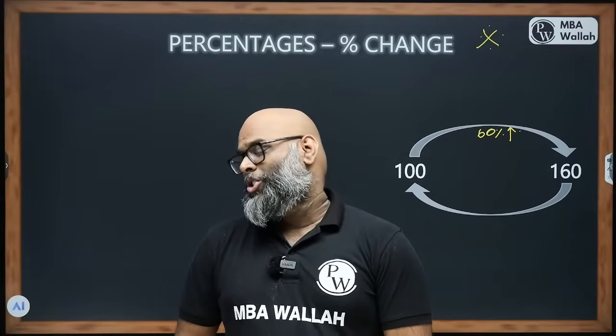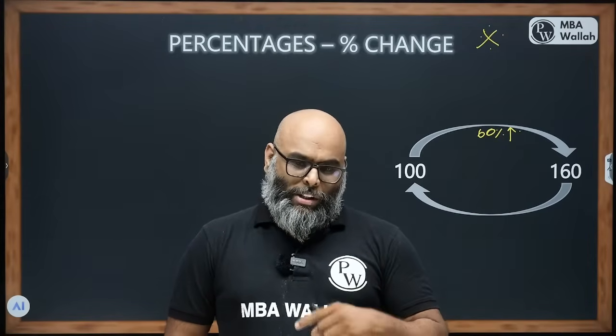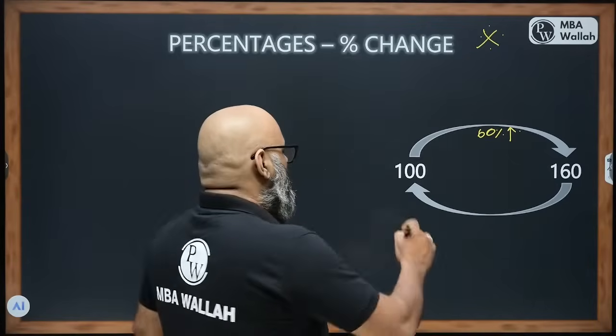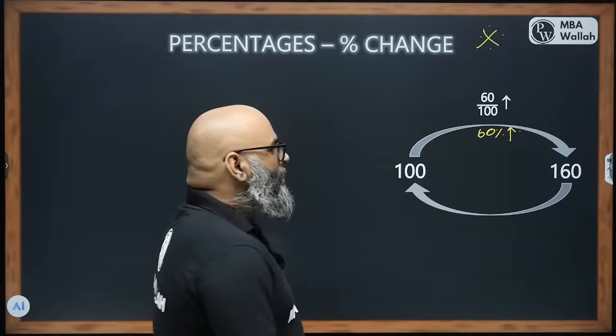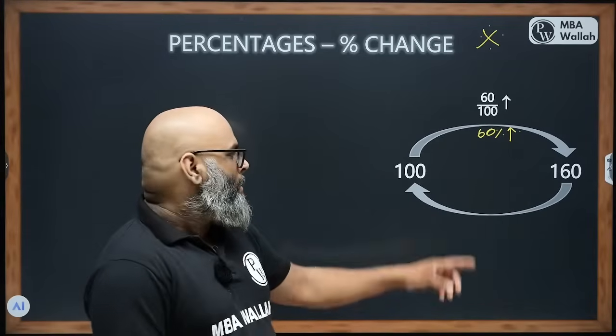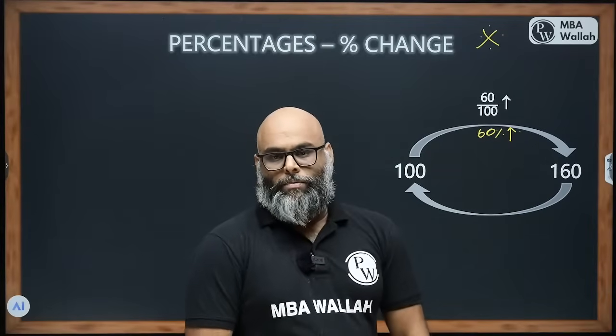Is that 60%? No. So go back, revisit the property that we saw. Here, what do you call it? That is 60 by 100, right? Why is it 60 by 100? The change is 60 from 100.